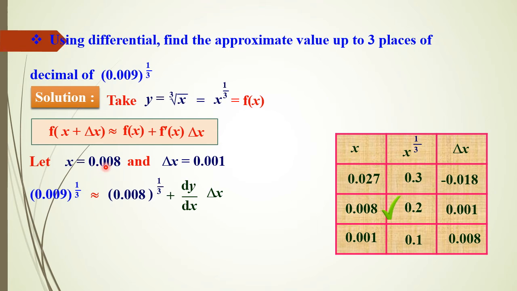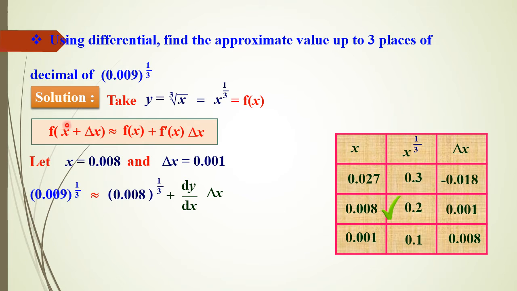Therefore when simplifying this problem, x must be 0.008, delta x must be 0.001, because it is not minus; after adding it to 0.008 we should get back our given approximate value, that is 0.009. Therefore x is 0.008, delta x is this much.